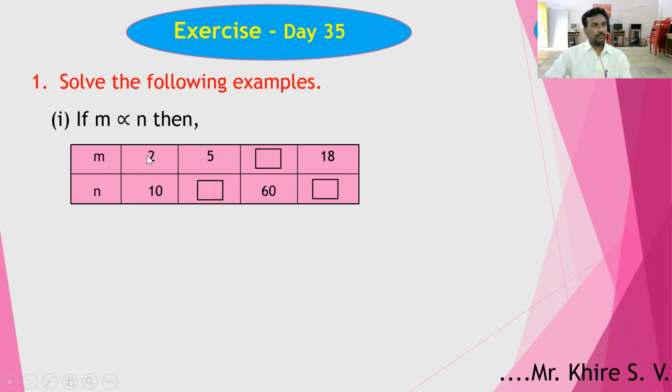If m is equal to 2, then n is equal to 10. If m is equal to 5, then find n in this box. If n is equal to 60, then find the value of m here. If m is equal to 18, then find the value of n in this box.